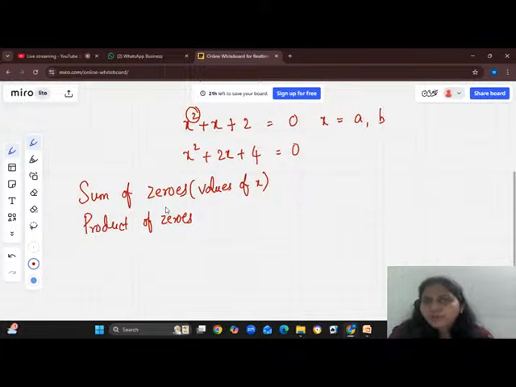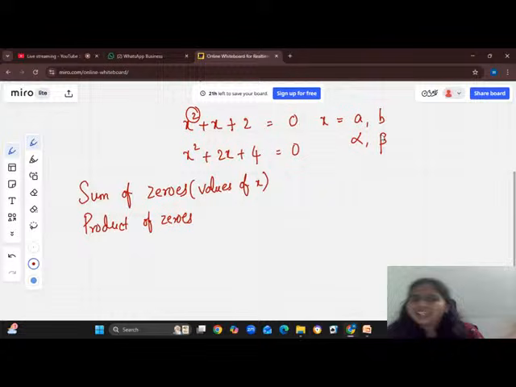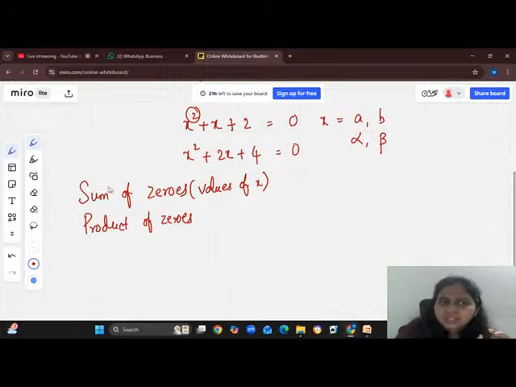In this polynomials chapter, we denote the zeros as alpha and beta. They're not something scary or so different. They are just the values of x, which we are denoting as alpha and beta. Now, what is the meaning of sum?